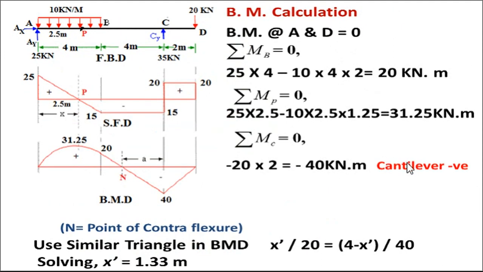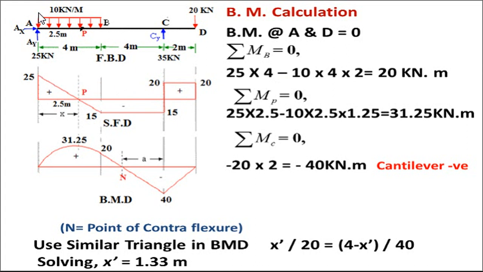After that, the bending moment calculation, BMD. First of all, the bending moment at the extreme ends, A and D, is equal to 0. So we need to determine the bending moment at B, at the P station, and at the C station. These are the critical points. So bending moment at B, summation of M at B is equal to 0.